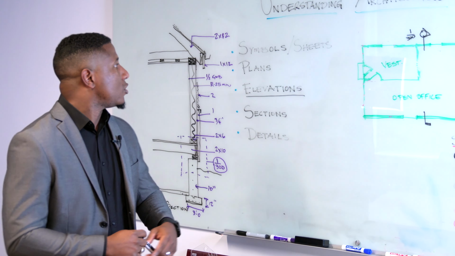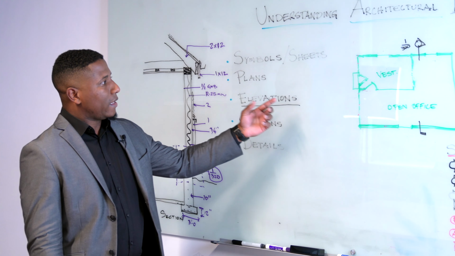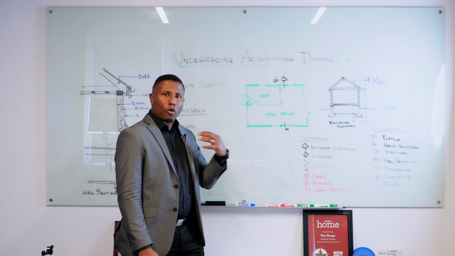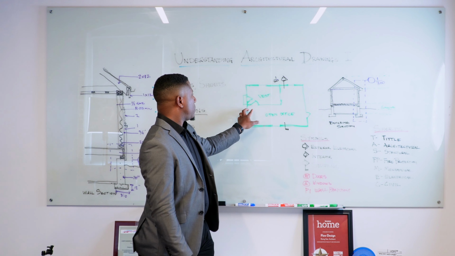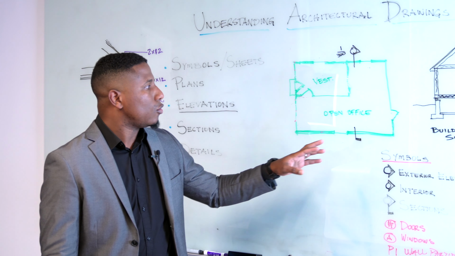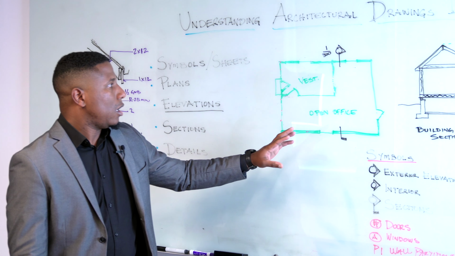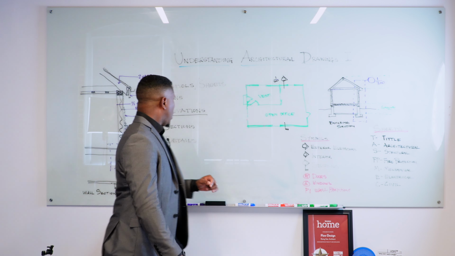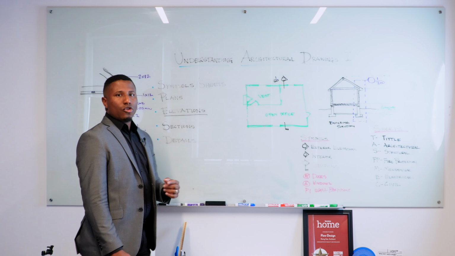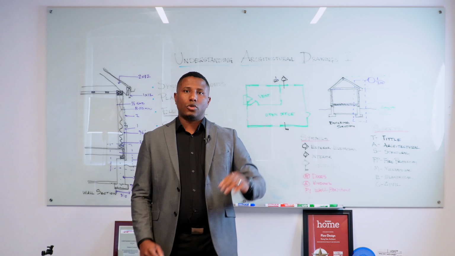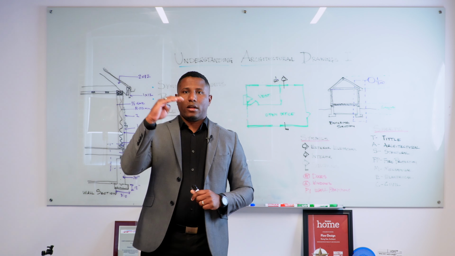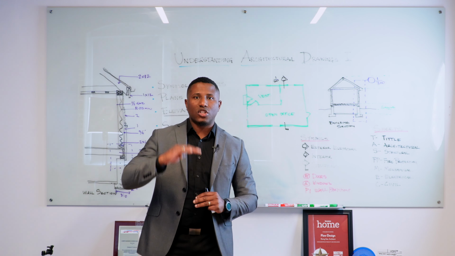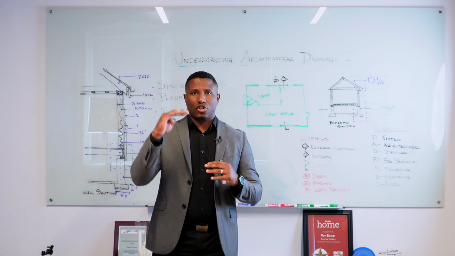In the previous videos, we discussed plans, floor plans. In floor plan drawings, typically you place the doors and the windows. You can see how the rooms are put together in plan. With elevations, you can see how the building is put together, the relationship between the window, the window sill, and the ground.